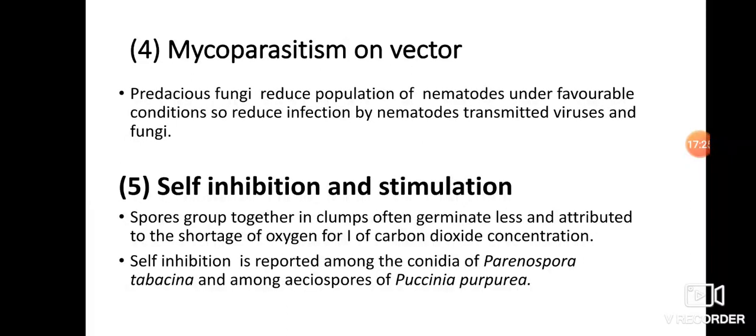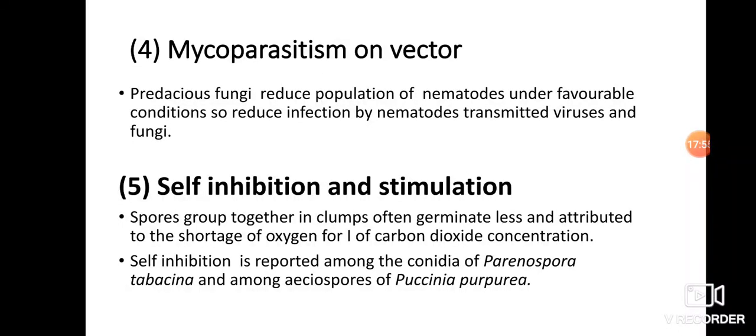Predaceous fungi can reduce the population of nematodes under favorable conditions and so might reduce infection by nematode-transmitted viruses and fungi. Microorganisms and viruses which cause disease in insects reduce the incidence of diseases due to insect-transmitted pathogens.